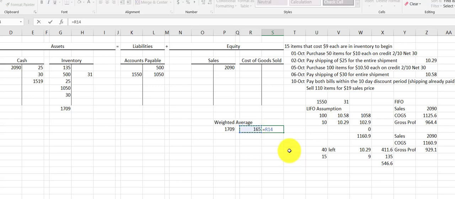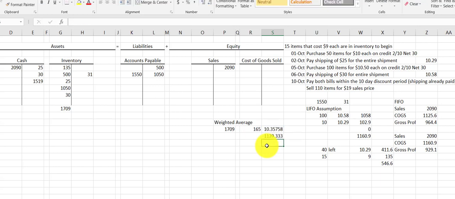So I take the total cost, 1709, divided by the 165, and I get that number. I'm not going to round it, okay, in this case. Okay? So I'm going to take that and multiply it by how many I sold.